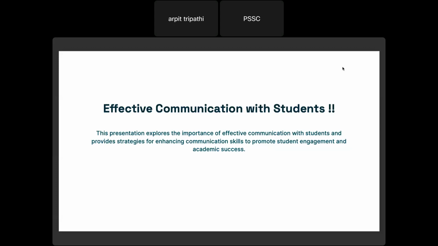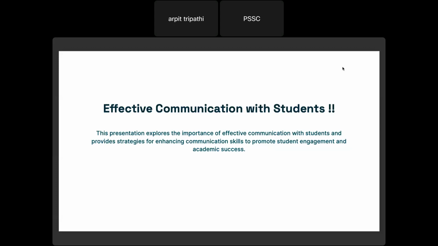When educators communicate effectively, they build trust and rapport with their students, fostering a supportive and inclusive classroom atmosphere where students feel valued and respected. This trust encourages students to actively engage in learning, ask questions, and seek assistance when needed.